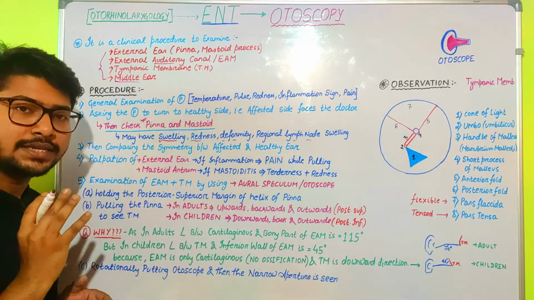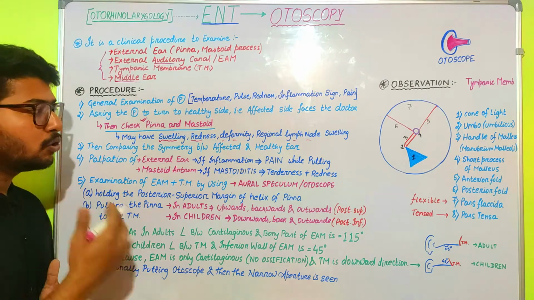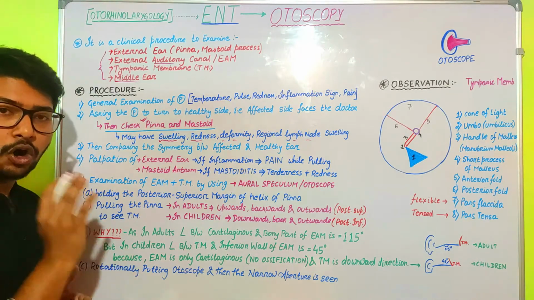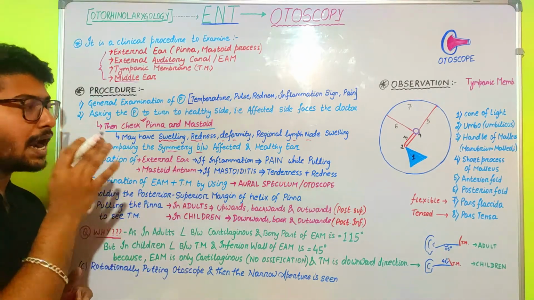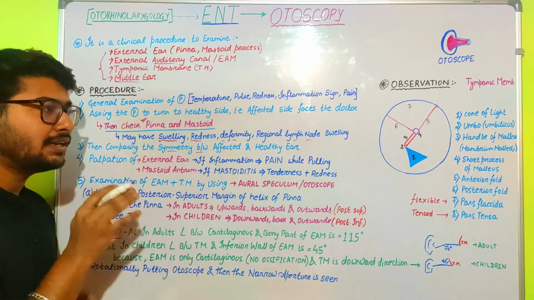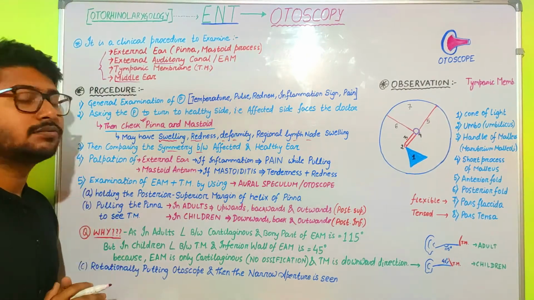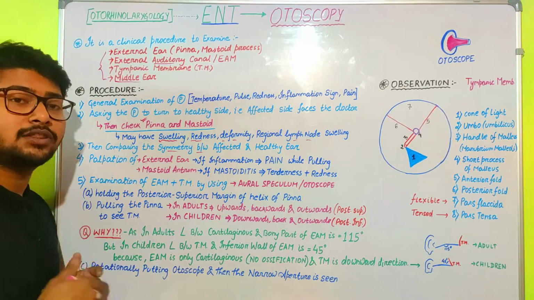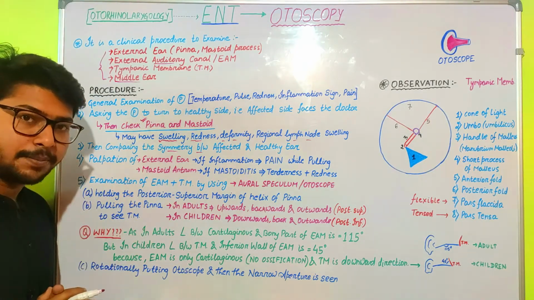All should be seen and noted by the doctor. Then the most important thing is that the doctor needs to check the symmetry between the affected and healthy ear, and then the doctor will confirm that some kind of change or pathology has developed in the affected ear.